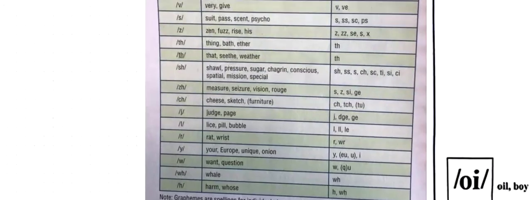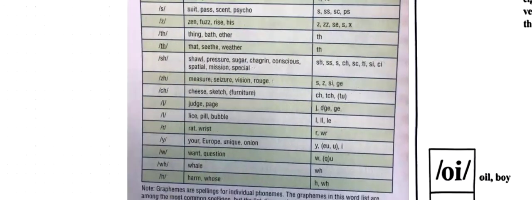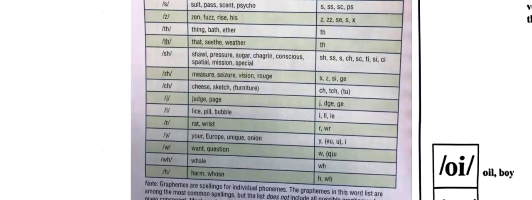So here you can see that for the word harm, whose, this h sound is spelled with an H, like in harm, or we spell it with a WH, who.